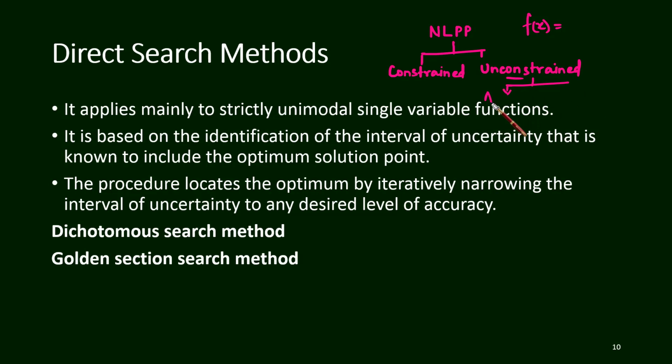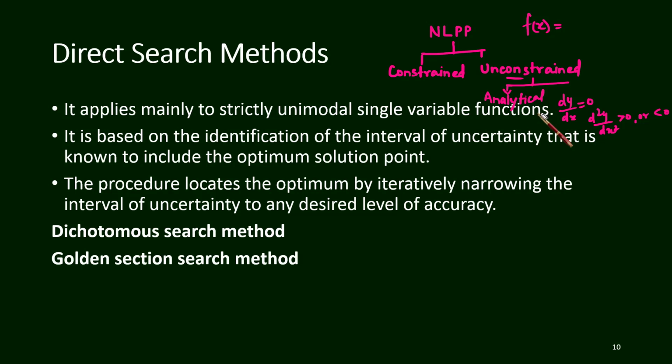One, we have already told that there is the analytical method where we set dy/dx or df(x)/dx equal to 0, and then we check d2f/dx2 greater than 0 or less than 0. If it is less than 0, then we get maxima, and if it is greater than 0, then we are getting minima.